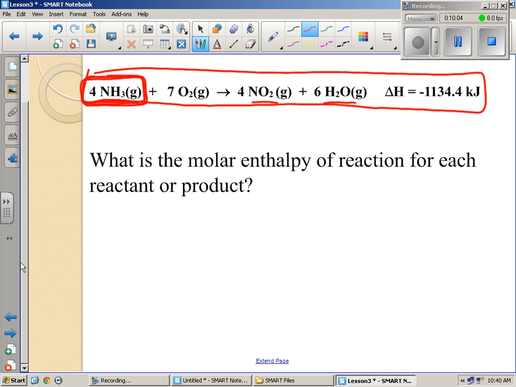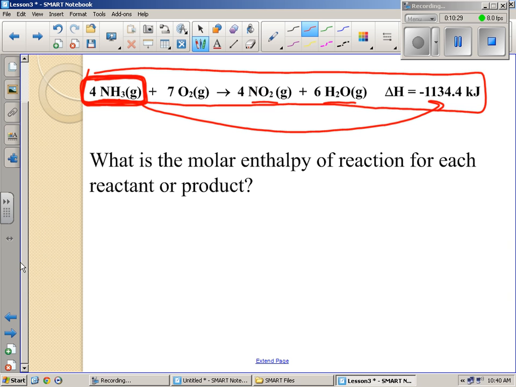If I had 4 moles of ammonia, and yes, for a combustion reaction, let's say I have 4 moles, 4 moles gives me this much heat, correct? So what I'm asking you now is, what's the molar enthalpy? If 4 moles gives me that much, how many kilojoules do I get per mole?